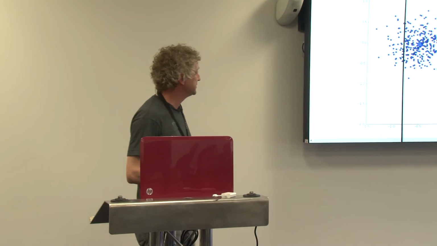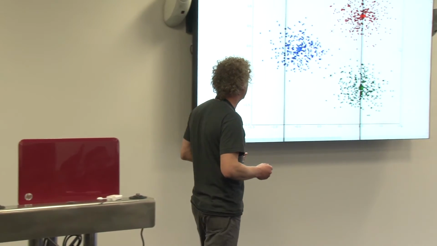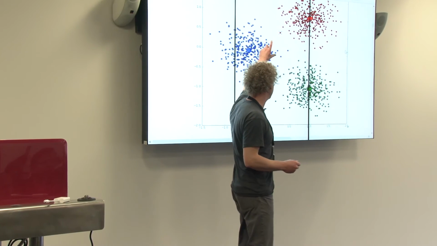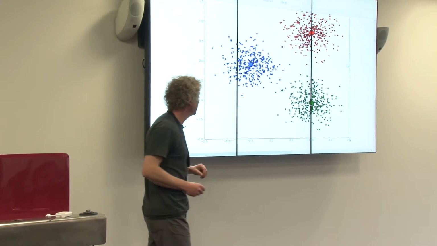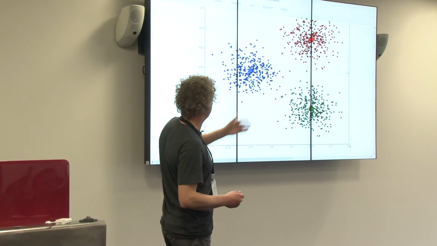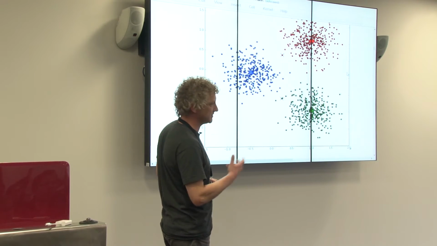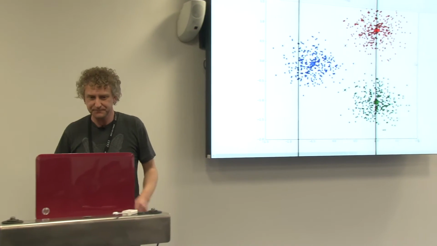In this instance, there's just two data points that are wrongly classified, and we know they're wrongly classified because we've set up this artificial data, but actually they look like they probably belong in the clusters that they've been assigned to anyway.